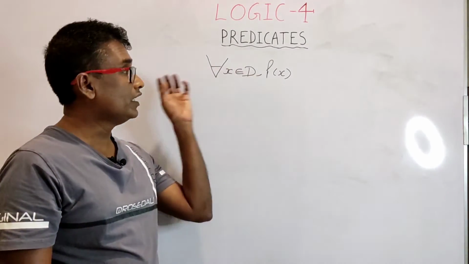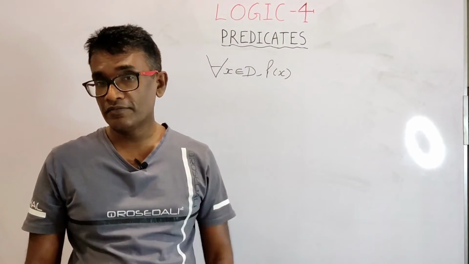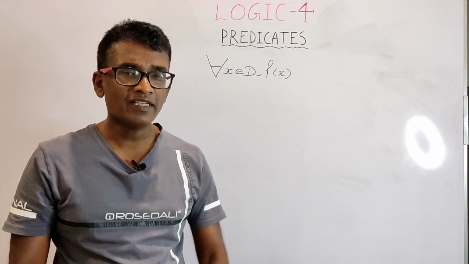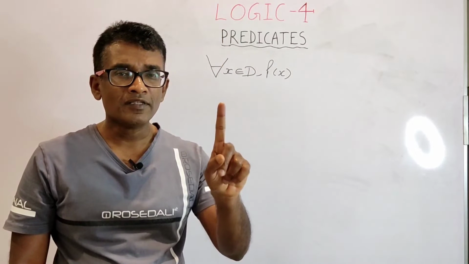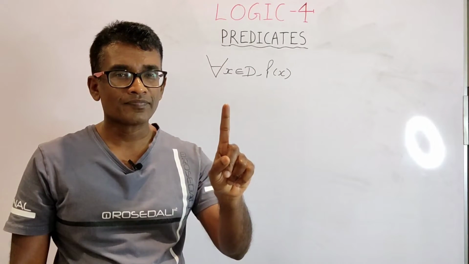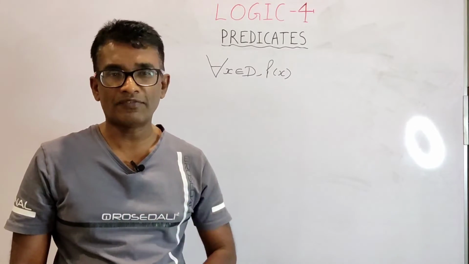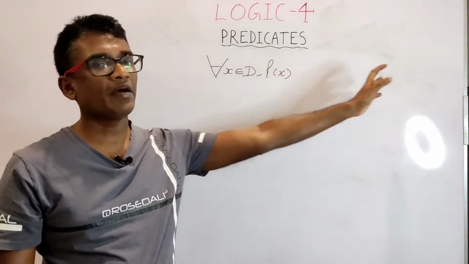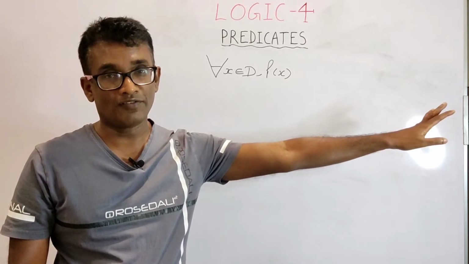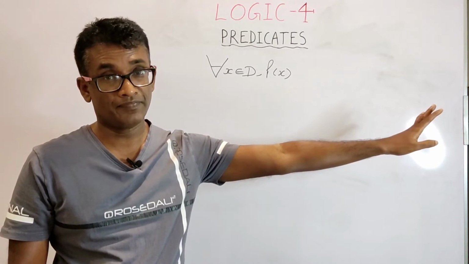Do you have to prove that all the even numbers are not prime numbers? Or if you can have just one even number which is not a prime number, that alone is enough. You don't have to say that all the even numbers are not prime numbers, which is actually false, because 2 is a prime number.